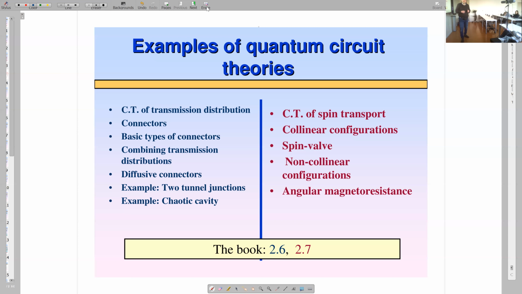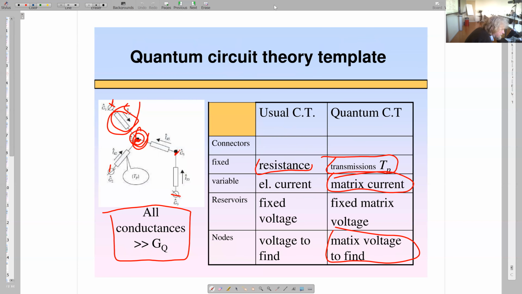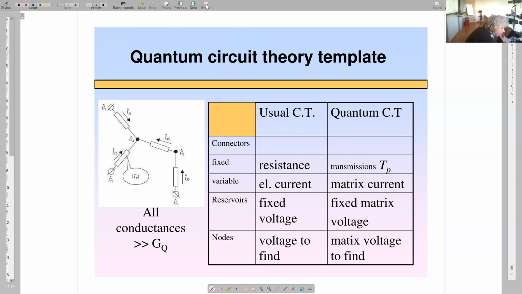Fine, so let us go in this direction. And let me just, I think I have it here. Let me present a comparative table of the usual circuit theory based on Kirchhoff law and quantum circuit theory.